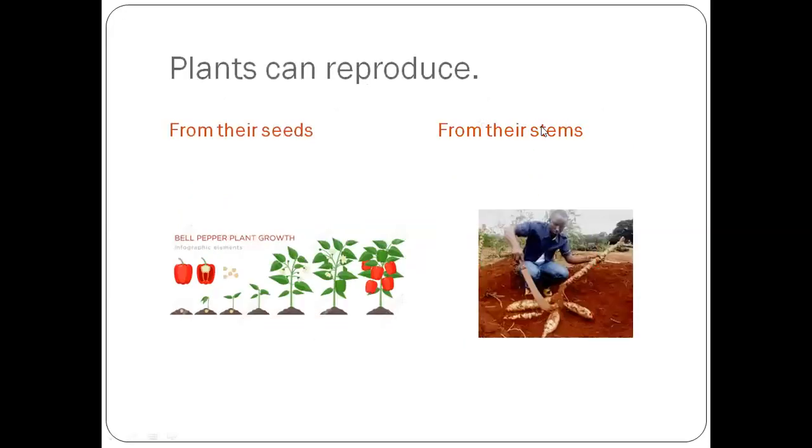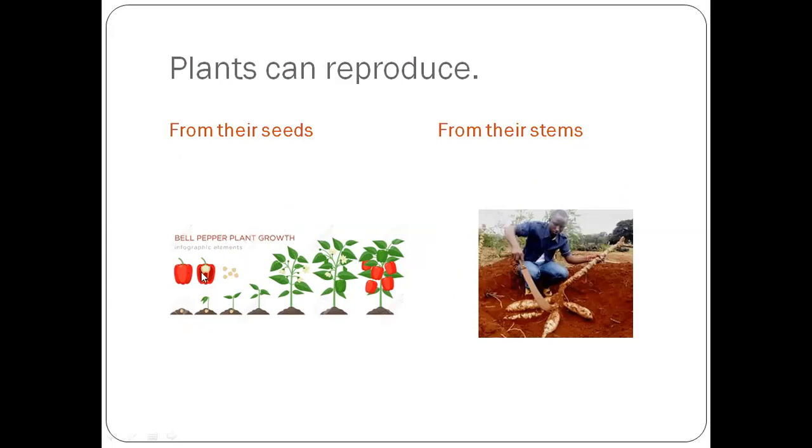Okay, so plants can reproduce. What do we mean by that? It means they can make more of their own kind. Human beings give birth to human beings. Plants also produce their own kind. So this is a bell pepper plant.